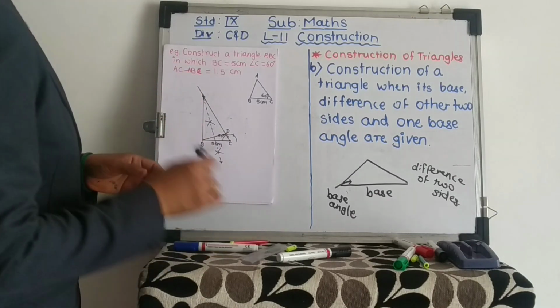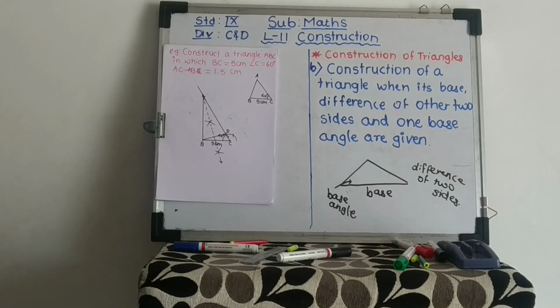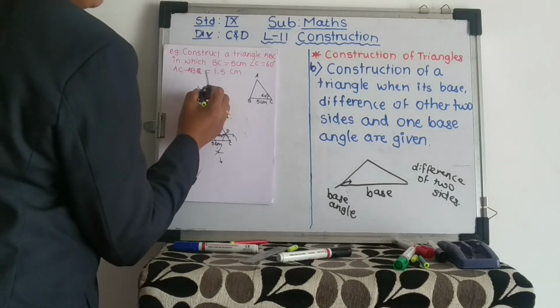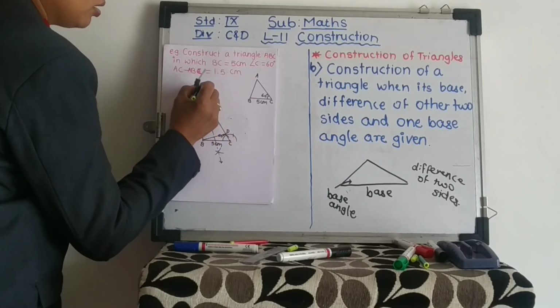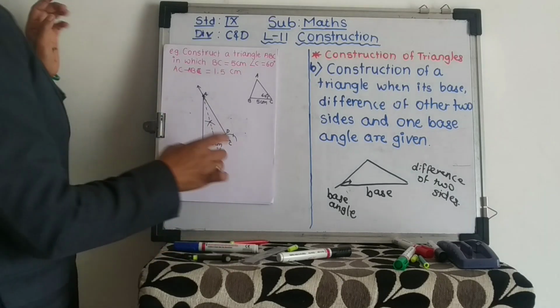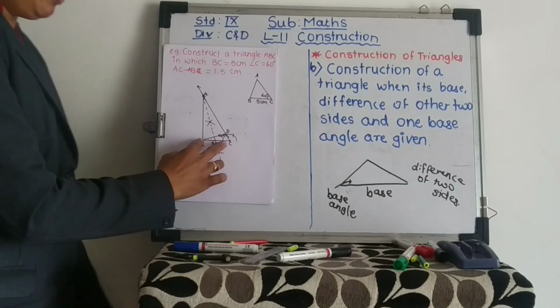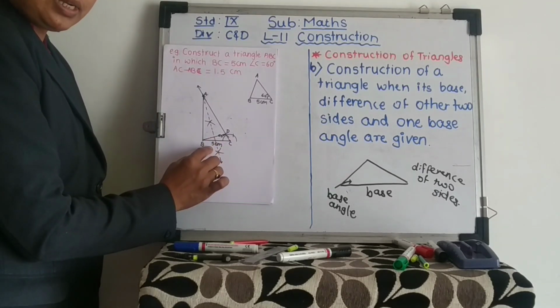So this is our triangle ABC. So we will write here ABC. Got it? This one what we have done: first we drew the base segment, 5 centimeter.